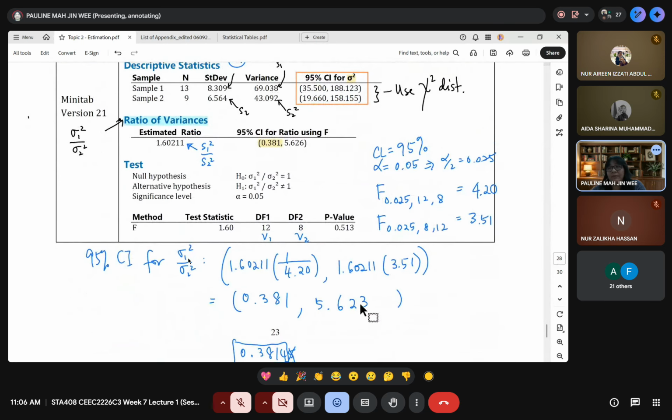Now, how do you know whether they are equal or not? The answer is yes, so nobody gave me a thumb down. It's yes because the value of 1 is in the interval.